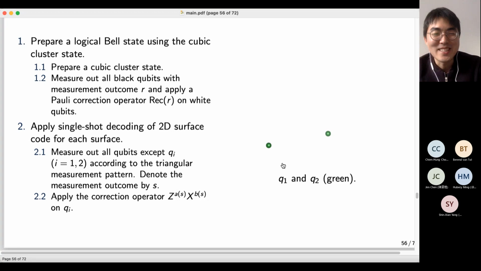Every measurement is a single qubit measurement, and from the outcomes we apply some local correction. So we don't have to repeat. Of course, you can repeat and then use the outcomes for purification, but that's not really what we want. Okay, thank you.